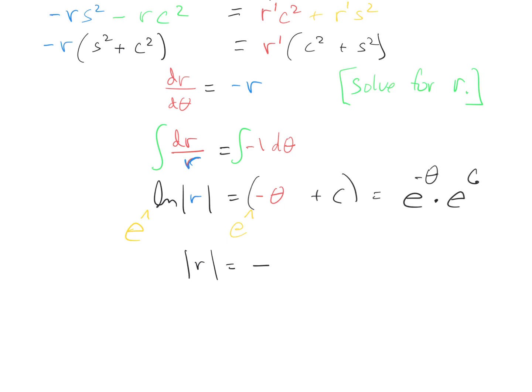And we'll put that first. But if c is just some constant, then some constant raised to some constant we can just think of as some constant. And that constant might be positive, it might be negative, so we don't need the absolute value signs anymore.